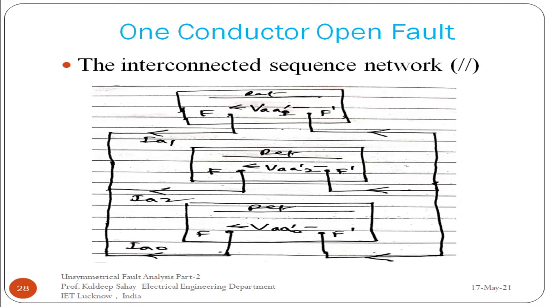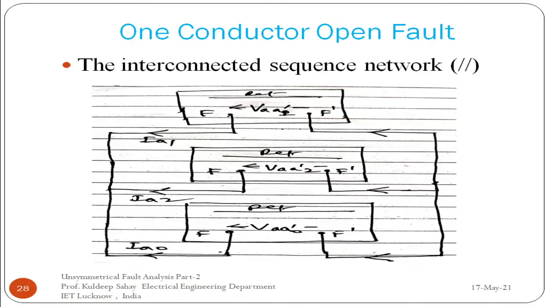Normally an open conductor fault may initially take place, but after some time, due to some disturbance, there may be chances of it getting connected to the ground or to the other conductor. So you can see that it develops into a shunt fault, but these are the types of unsymmetrical fault.